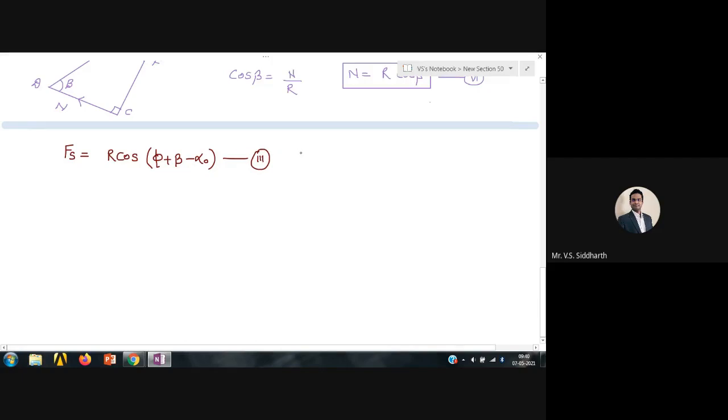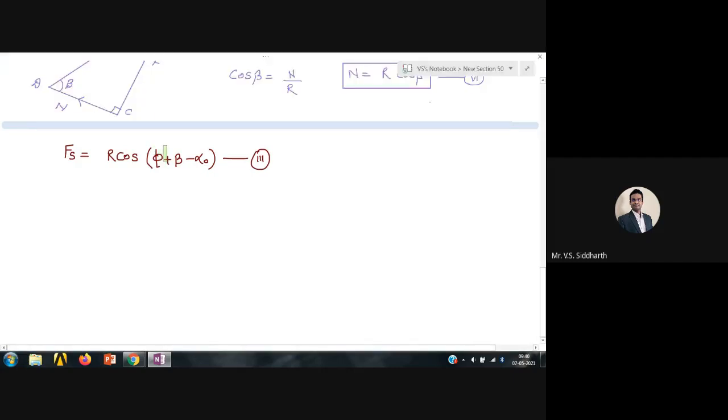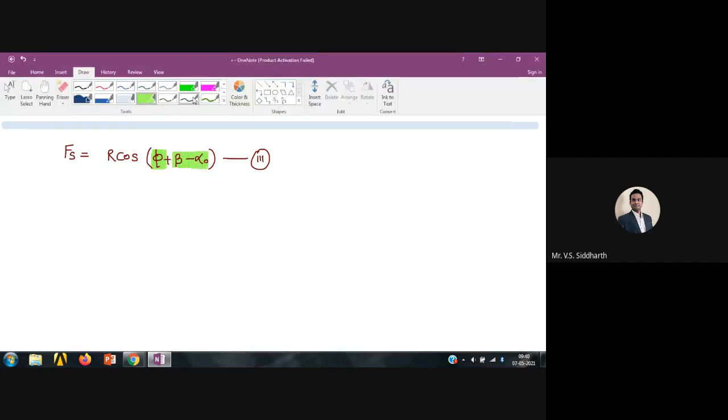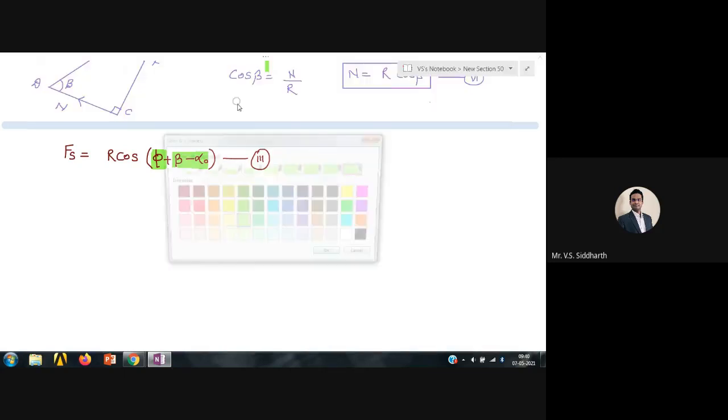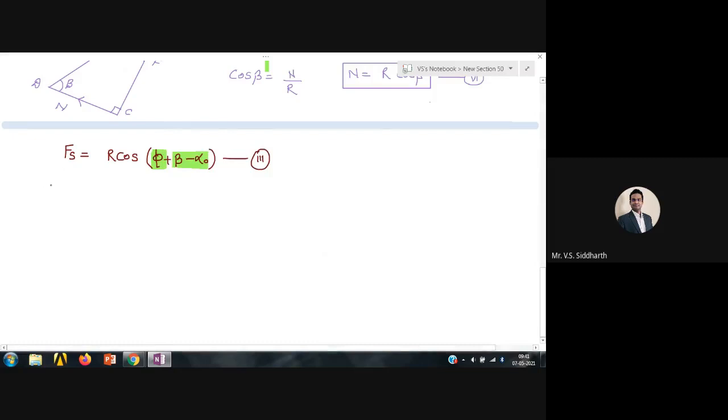Now what I will do is, I will consider this term as A and this term as B. A equals phi, B equals beta minus alpha naught, and I will use the formula cos(A plus B).